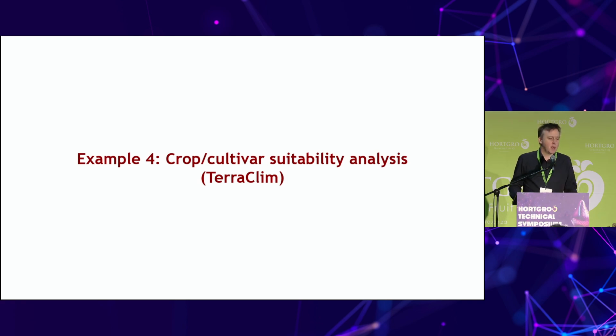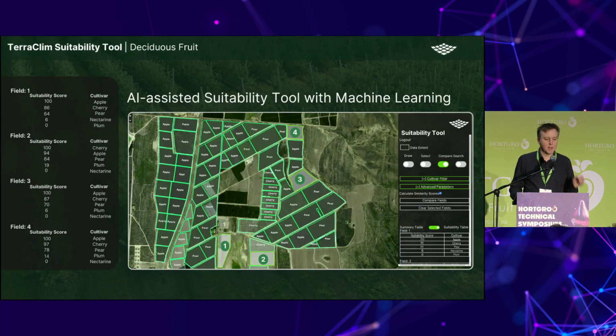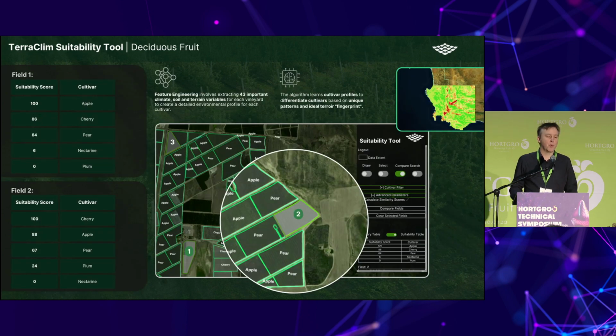I think there was already a presentation mentioning TerraClim, also involved in that, and so I'm not going to go into a lot of detail, but essentially what we did was we used a lot of data about which cultivars are planted where, and now I'm talking about wine cultivars, and we fed that into a machine learning model to create this app through which you can draw in a field, and it will tell you which cultivar is most suited to be planted within that field.